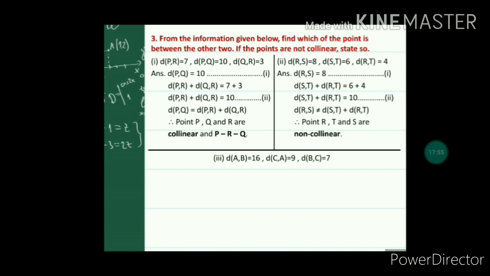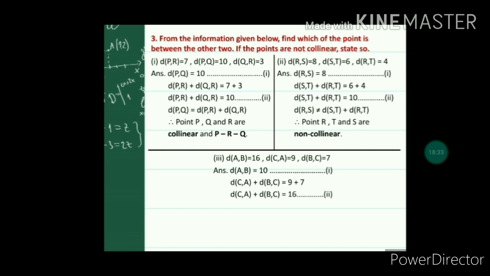Third example is distance of AB is equal to 16. Distance of CA is equal to 9 and distance of BC is equal to 7. Answer is distance of AB is equal to 16. Distance of CA plus distance of BC is equal to 9 plus 7.